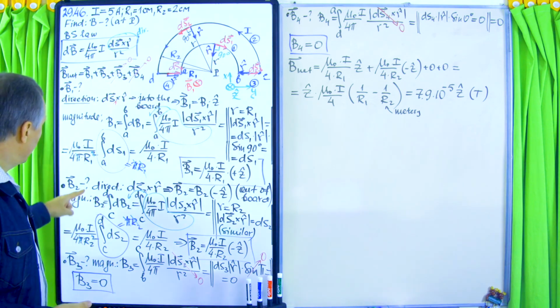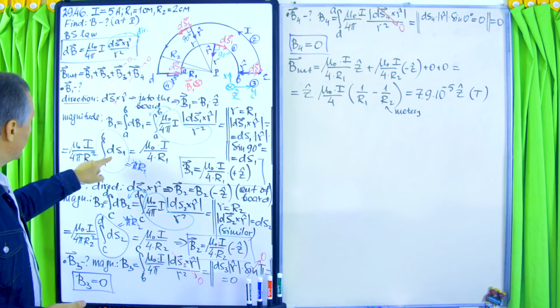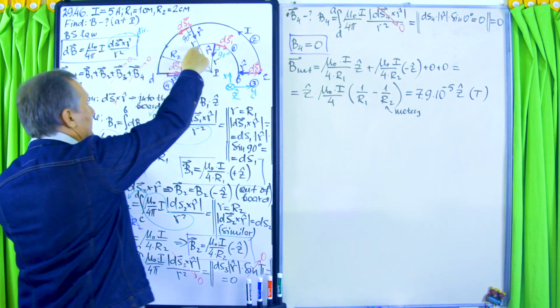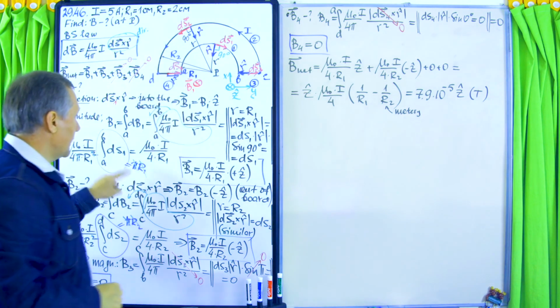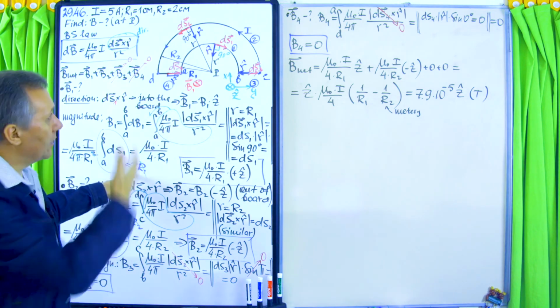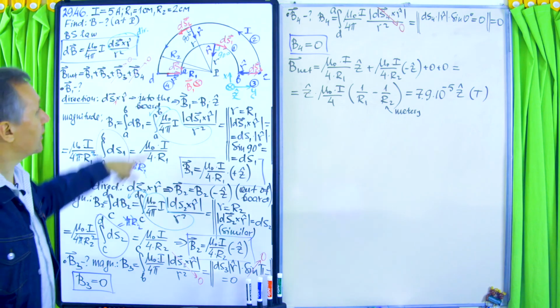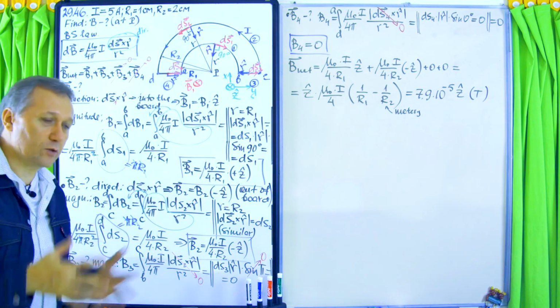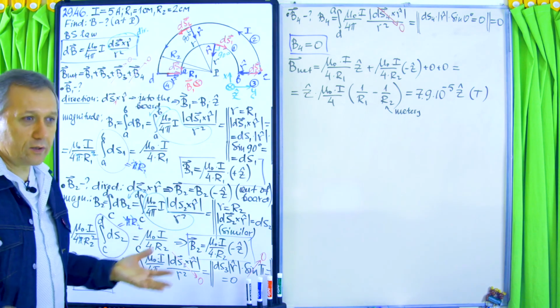So you will have only the contribution from B1. But of course, when you integrate over the arc subtended by the angle of 60 degrees, it is not going to be equal to pi r. Here we had a half circle, but in your case, it will be a smaller section.